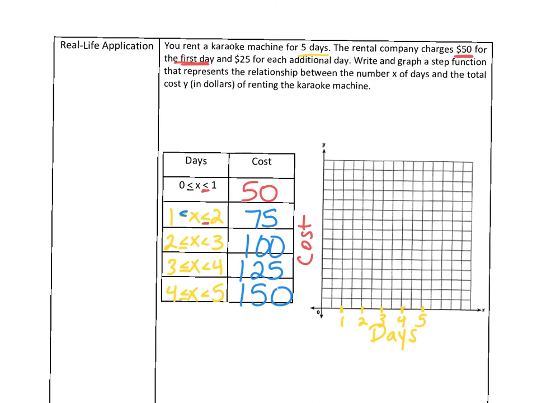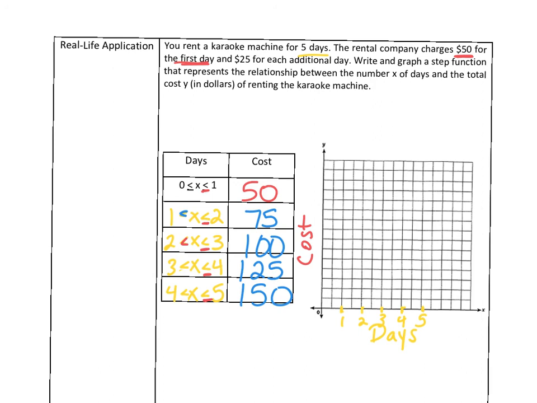Okay, so now I'm going to go back and fix my other ones, right? To follow suit. So if it's between 2 days, which means more than 2 days, but less than or equal to 3 days, it's going to cost 100. Same thing for this and this.